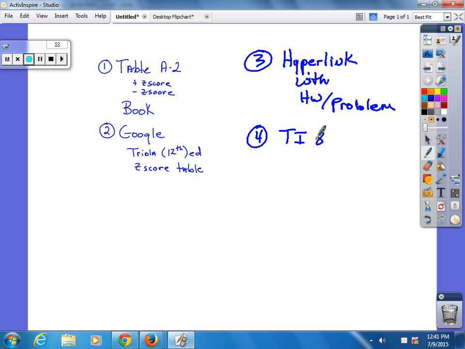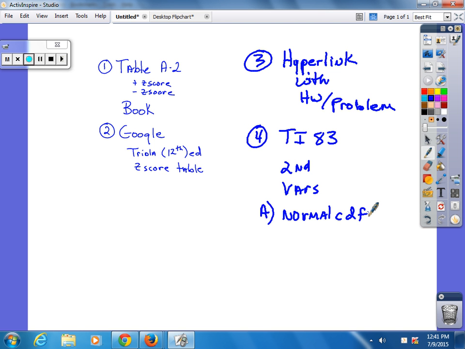TI-83. And what is it? Second VARS. Is it normal CDF or PDF? Normal, I think it's A, isn't it? Normal CDF. Okay? So there's 4 ways to find the area or the z-score.